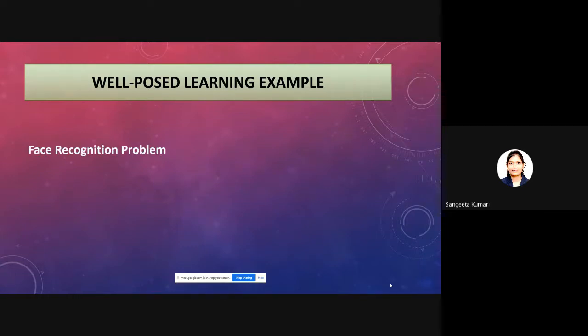So I want you to answer what would be the task, performance, and experience if a computer program is trying to identify faces, right? Face recognition is the next example, and I want you to identify what would be the task, what would be the performance, how you are going to measure the performance, and what would be the experience which is going to improve that performance. Anyone can start now.